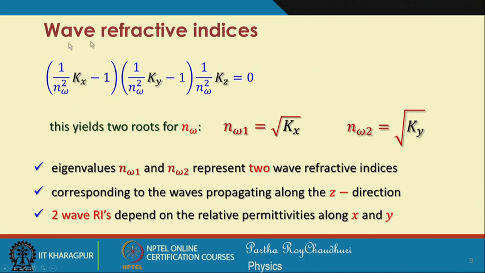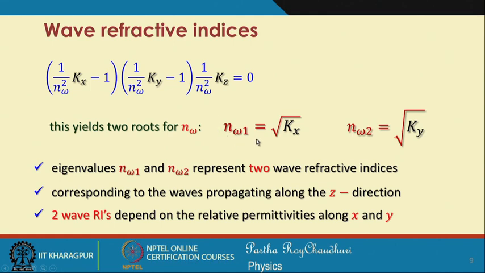The first one yields that the value of n omega must be equal to under root of k x, and from the second one we find that the value of n omega 2 will be under root of k y. So, we have two wave refractive indices for the case of the wave propagating in the z direction.